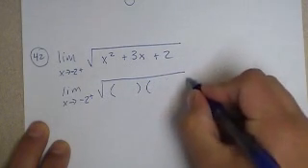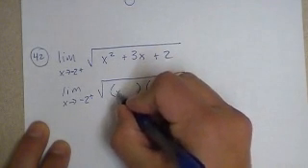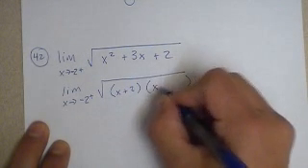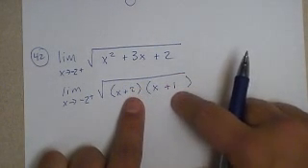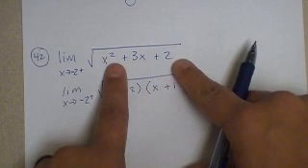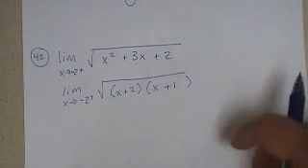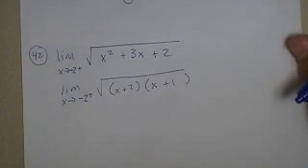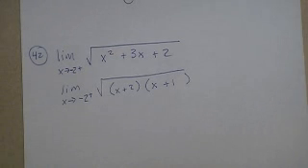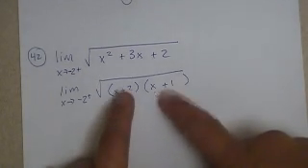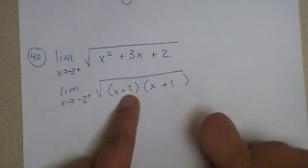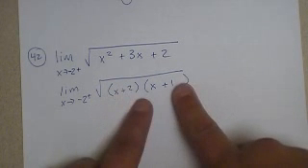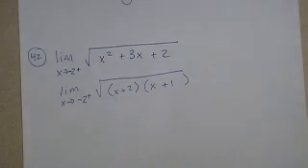So if you try to factor this, I think we can go with x plus 2 and x plus 1 as the two binomials that, when you FOIL them together, take you back to the trinomial that we had here. So I have that factored, and the only reason why I wanted to get it factored is because I wanted to be able to think a little bit more about the two components of the product underneath this root. Because I know if this one's positive and that one's positive, when I multiply these two factors together, I get a positive value in the end.